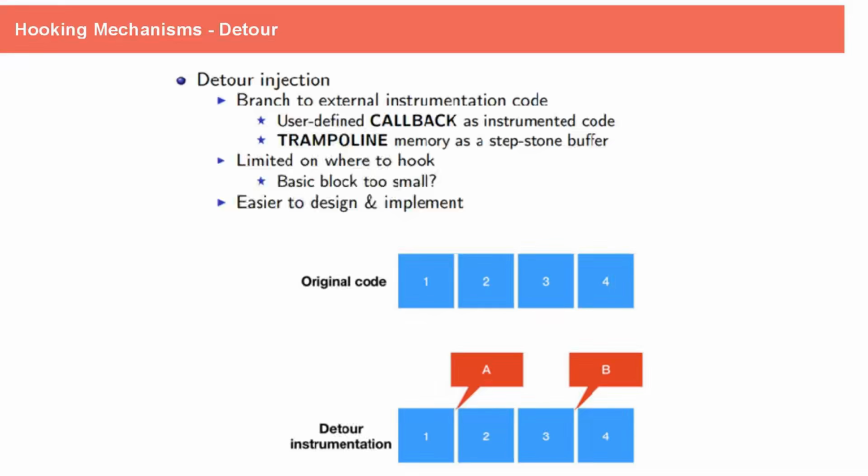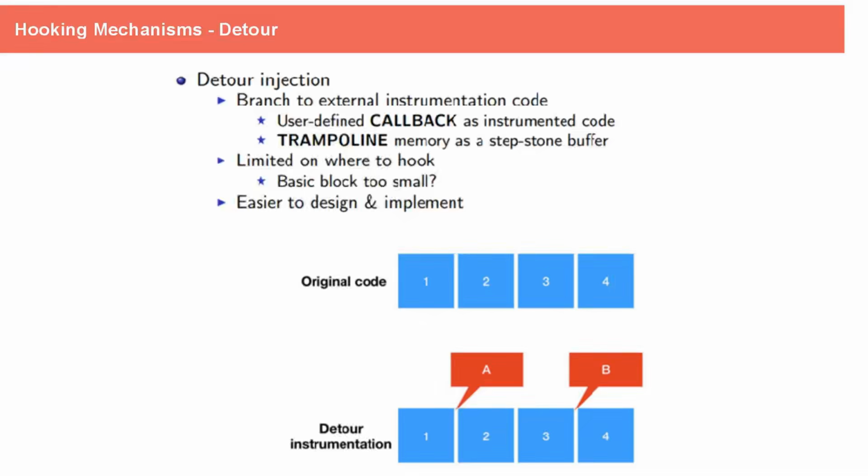So we branch to the instrumentation code. And actually in our framework, we define some callback which will be executed when we reach here, and the callback will be run as an instrumentation code.